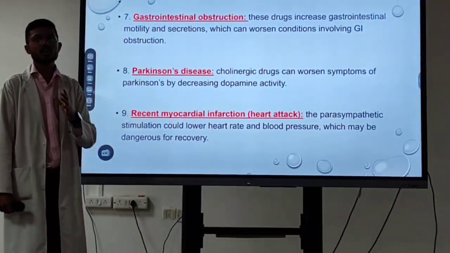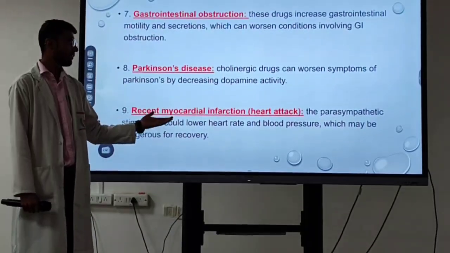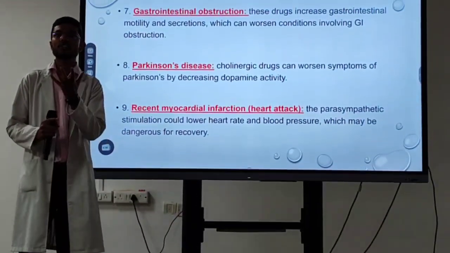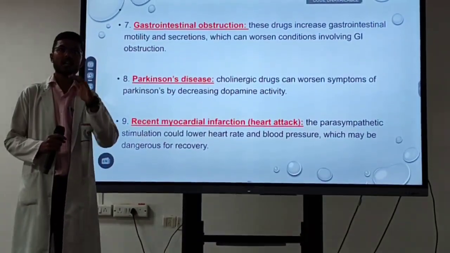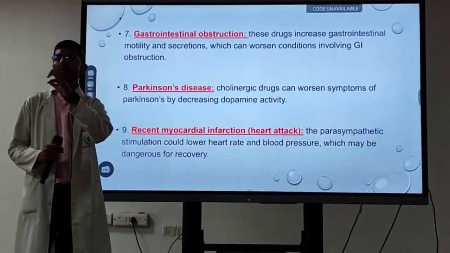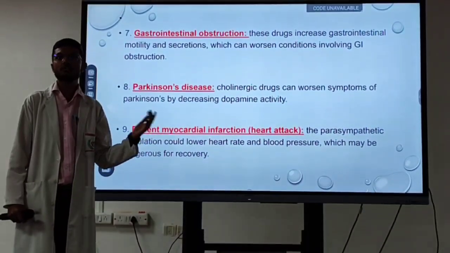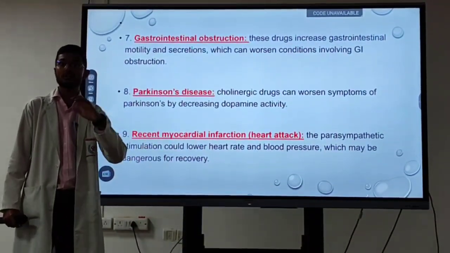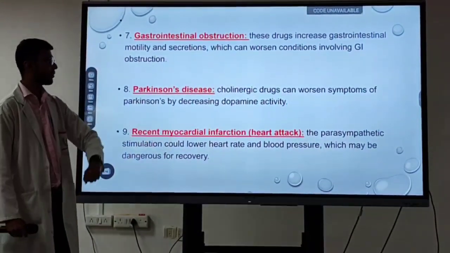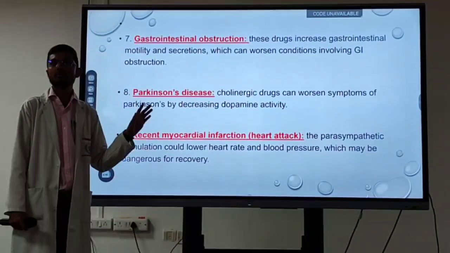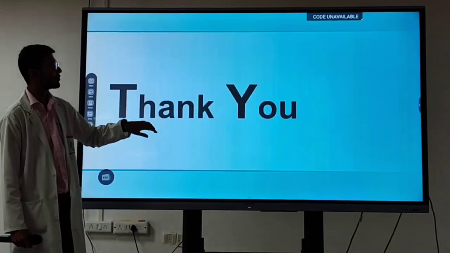If a person was having a heart attack and you gave them a cholinergic, we know in a heart attack the efficiency of the heart is compromised, heart rate is lower than normal, BP is lower than normal. But in cholinergic drug administration, what will happen? BP and heart rate get further lowered. So it is also contraindicated. Whatever I told, this was reference from K.D. Tripathi. Thank you so much for your attention.